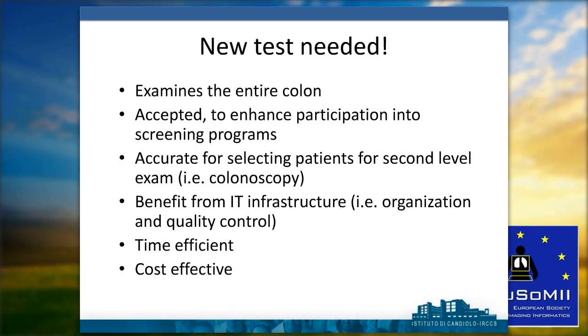So we thought we need a new test, a test to examine the colon that could be accepted and accurate. For example, it could be a digital examination, so it could benefit from an IT infrastructure. It could be time efficient and cost effective.